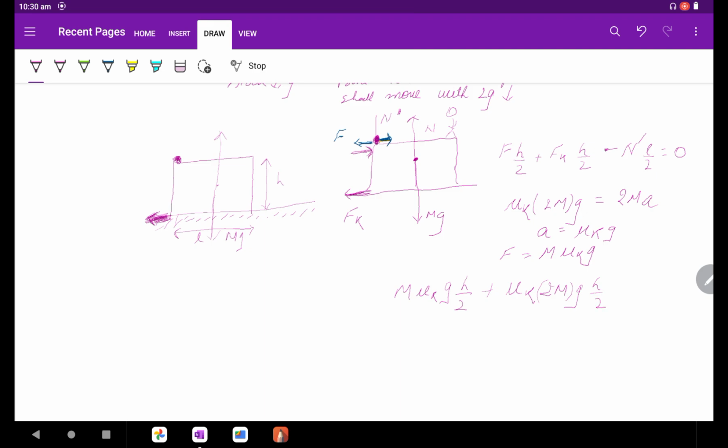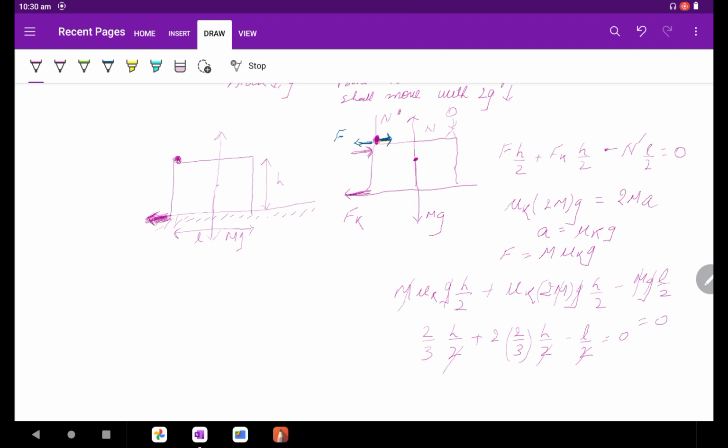And then we have N prime is mg, so mg into L by 2 is equal to 0. We can get rid of mg. Given to us mu k is 2 by 3, so 2 by 3 h by 2 plus 2 into 2 by 3 h by 2 minus L by 2 is equal to 0.